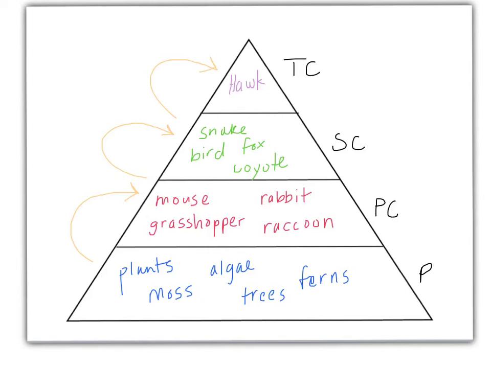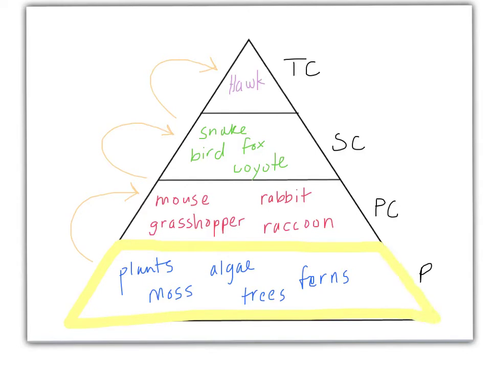But the other thing I want to point out to you is that in each of these levels of the energy pyramid, we're actually looking at different sizes of these levels. And with those different sizes of levels, for example, this bottom level is a lot bigger compared to the top level. What that is actually indicating is the energy.